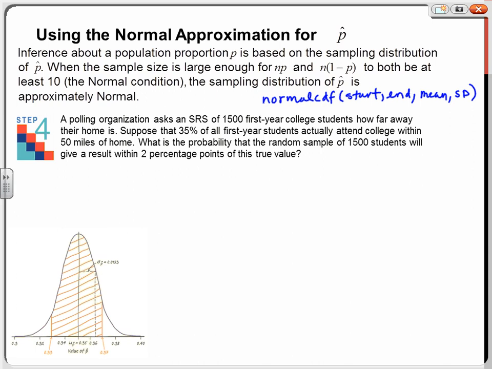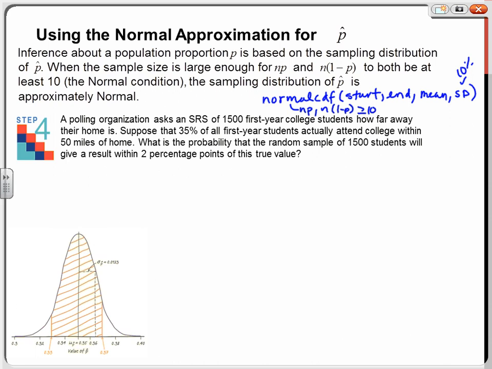So you have the n times p and n times 1 minus p that are both greater than or equal to 10. And that you can use the standard deviation using that 10% rule. Okay? And sorry, don't forget, this is not enough work. You have to either draw a graph or state what you're doing within the normal CDF. Okay? Like finding the area under the curve from blank to blank.